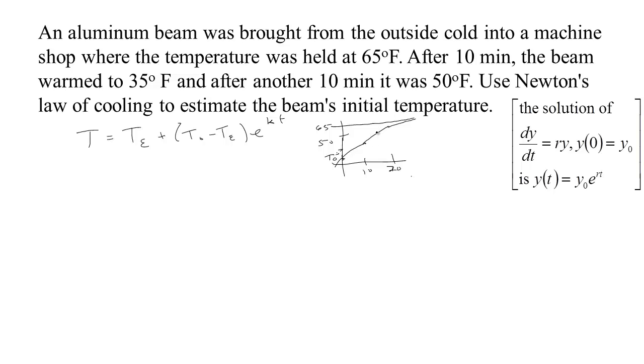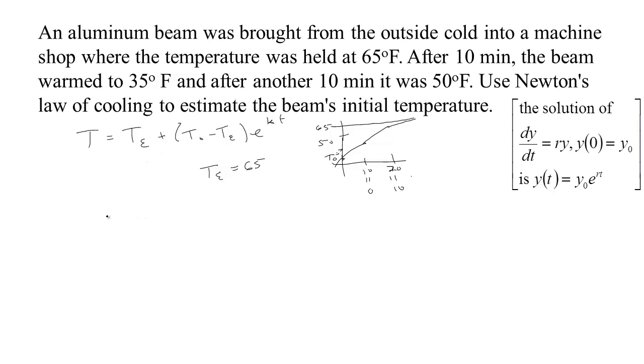Well, let's use the information that we were given. We know the temperature of the environment is 65, and if we call the time when we first measured 35 degrees time 0, then 10 minutes later would be time 10.